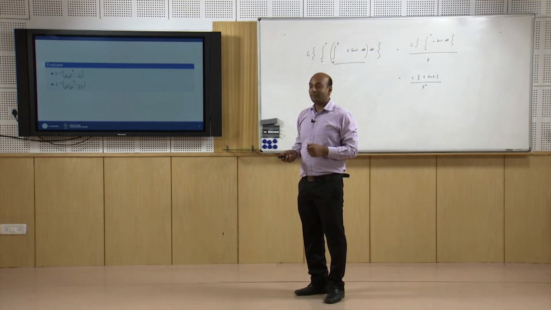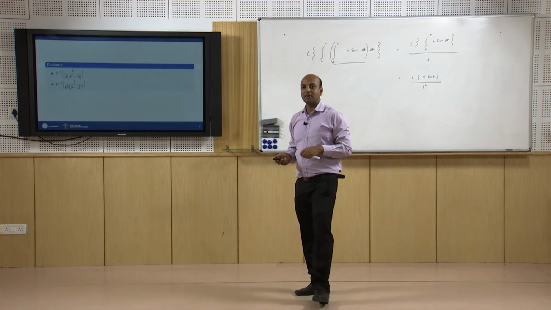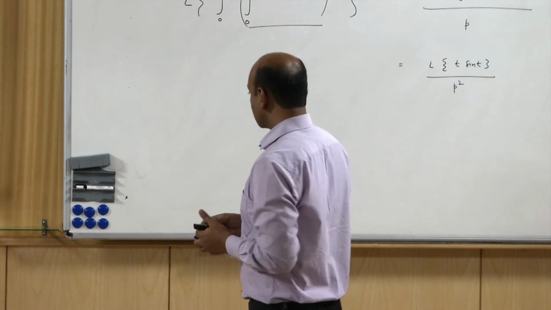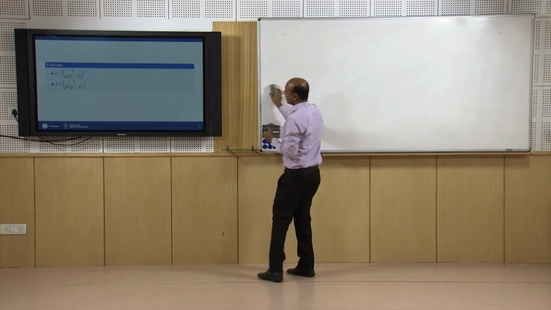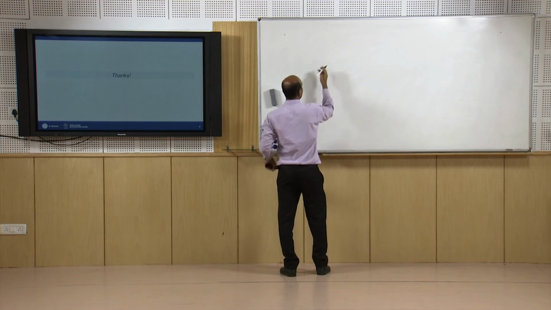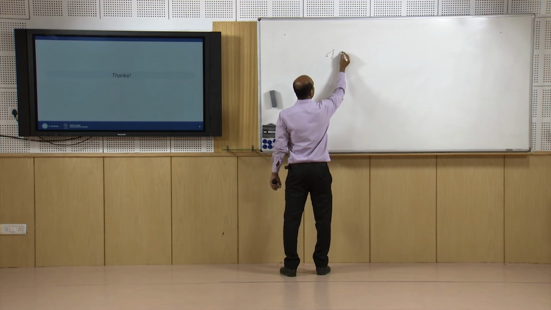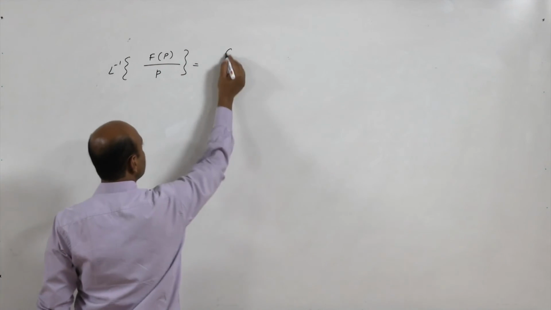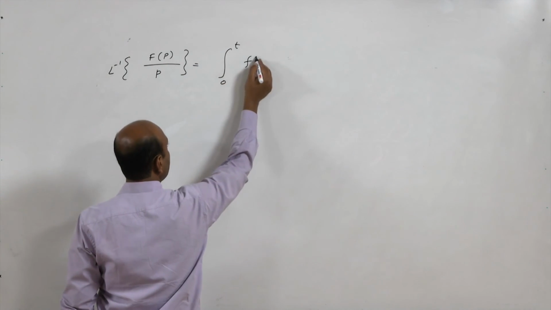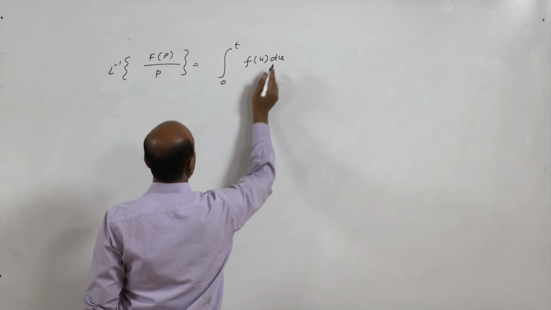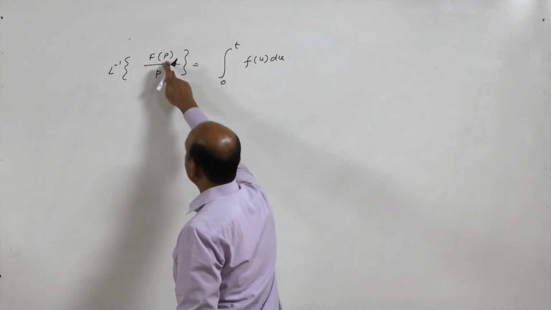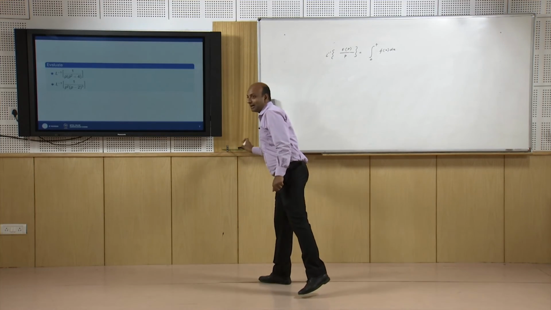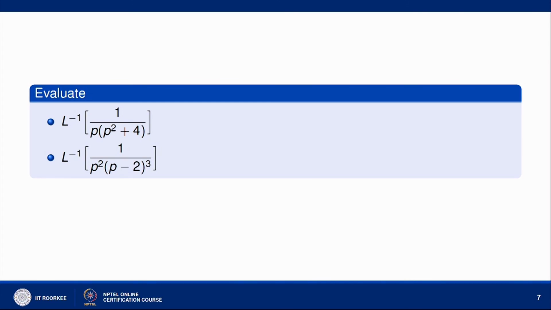Now, how can you find the Laplace inverse of some problems where we have division by p, F(p) by p types? The Laplace inverse of F(p) by p is the integral from 0 to t of F(u) du, where the Laplace inverse of F(p) is f(u). So here we have the Laplace inverse of this expression.